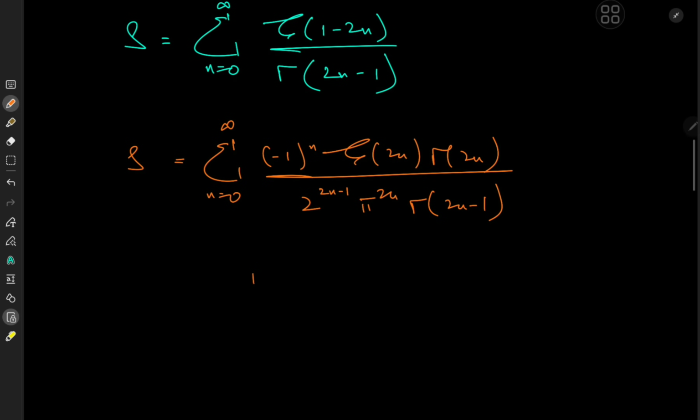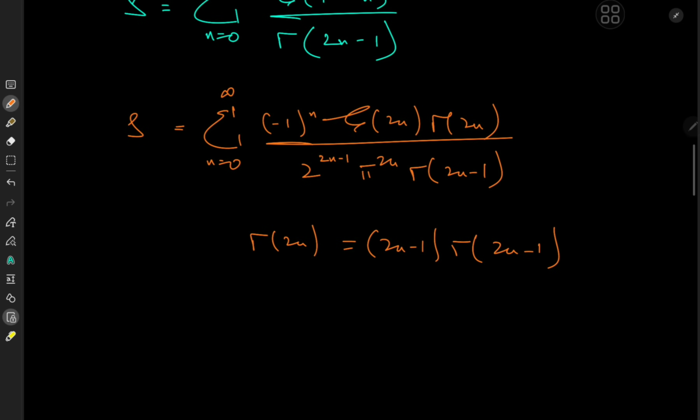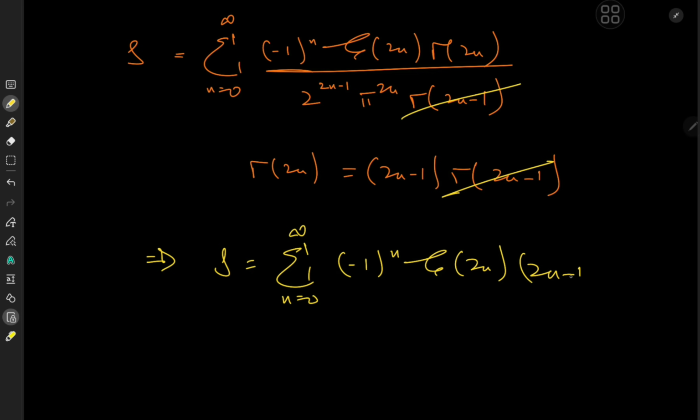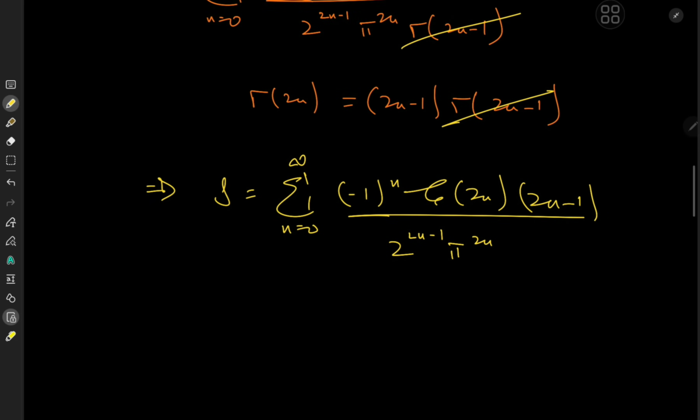That's cool because gamma(2n) is actually equal to 2n minus 1 times gamma(2n minus 1), which is awesome because that means you have some cancellation happening. So I'll cancel out these two over here, and we're left with s equal to the sum over n from 0 to infinity of negative 1 to the n times zeta(2n) times 2n minus 1 over 2 to the 2n minus 1, pi to the 2n, and that's pretty much it.